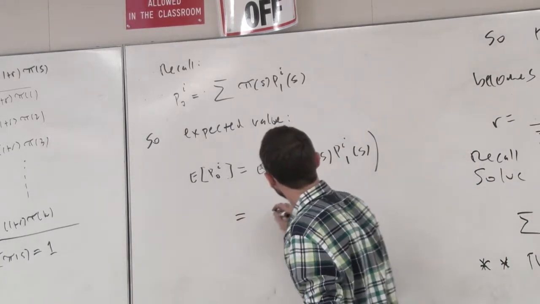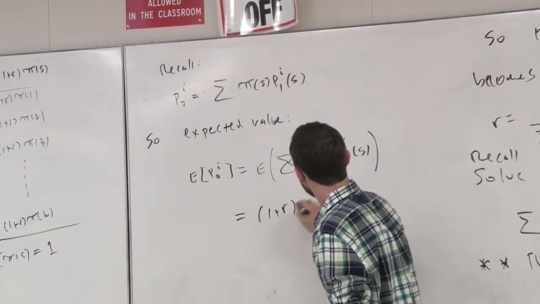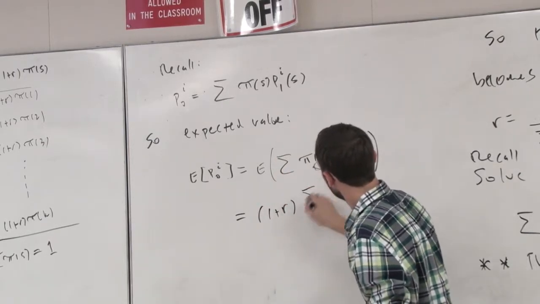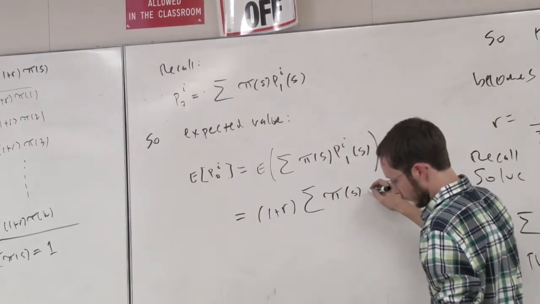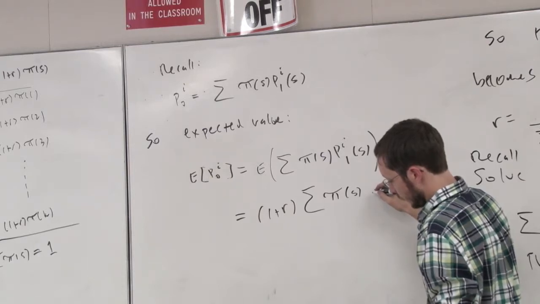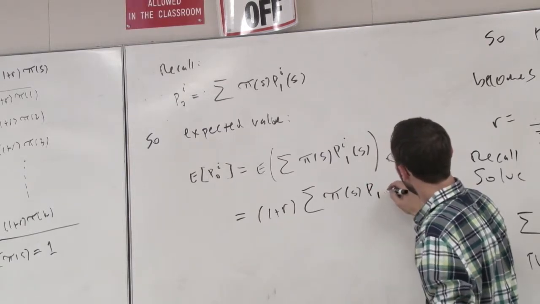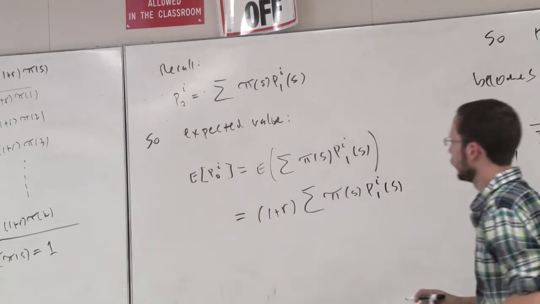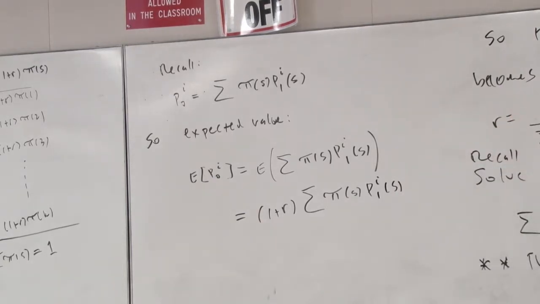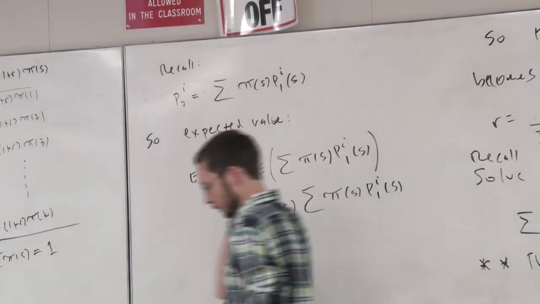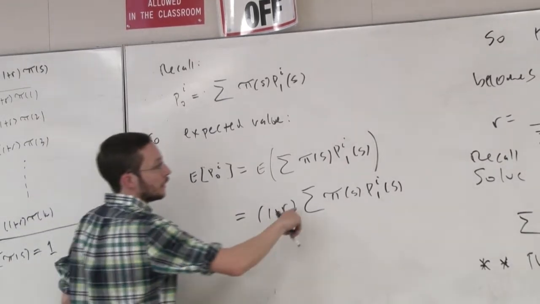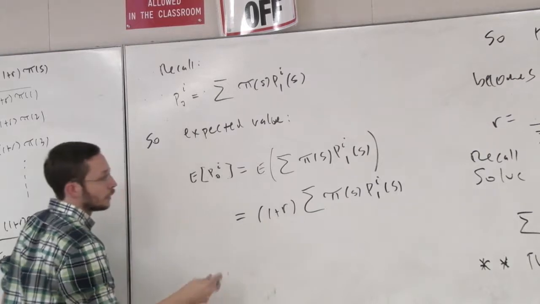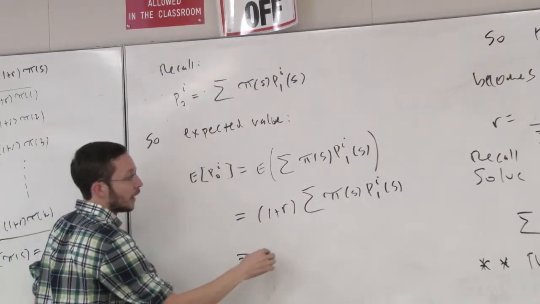And this is equal to 1 plus r times the sum of pi_s times P1i of s. But this thing is equal to simply P0i.